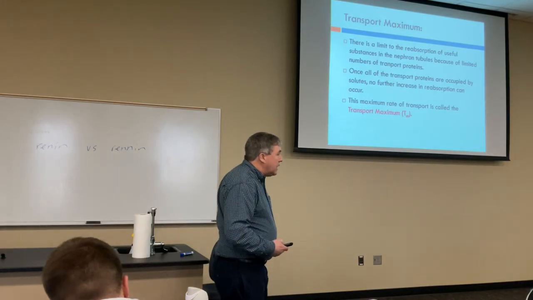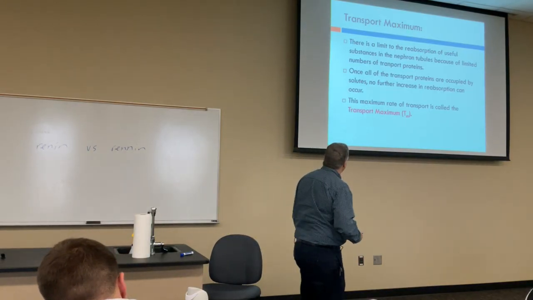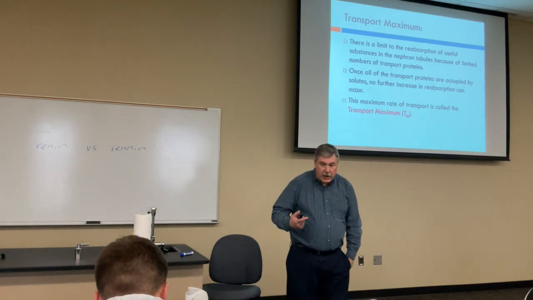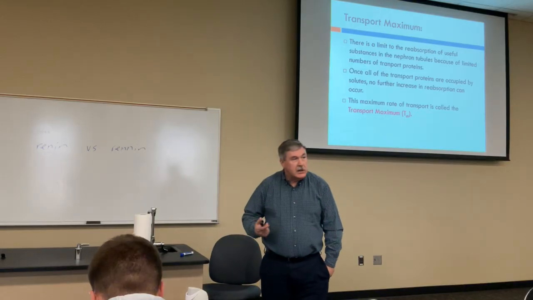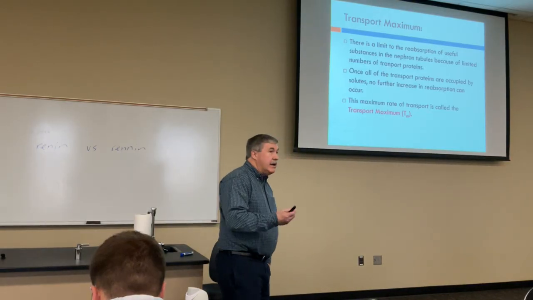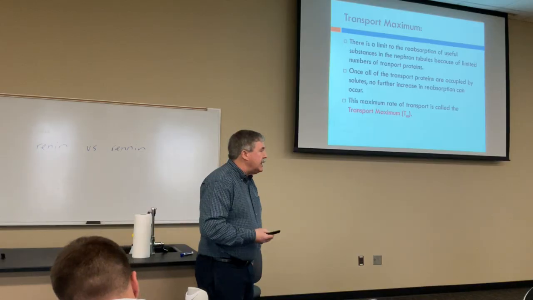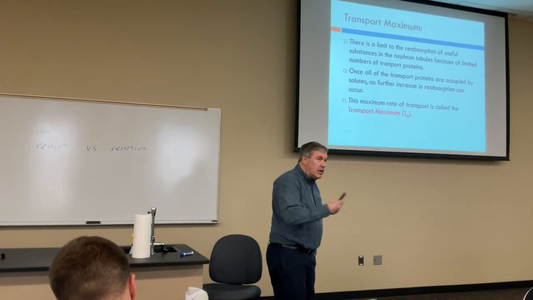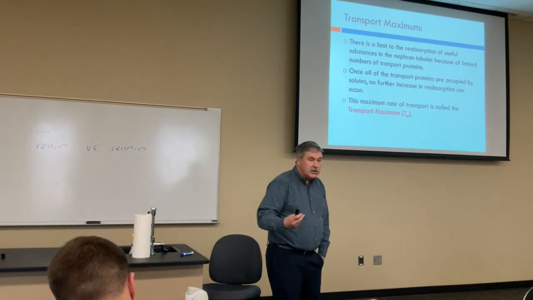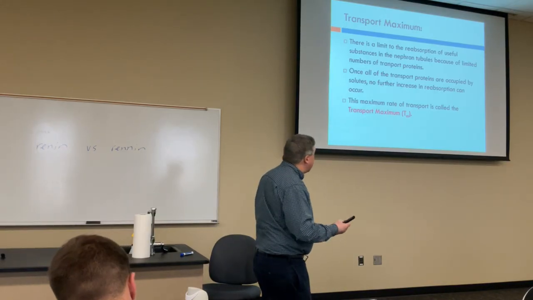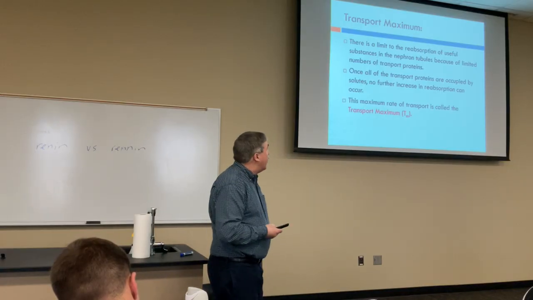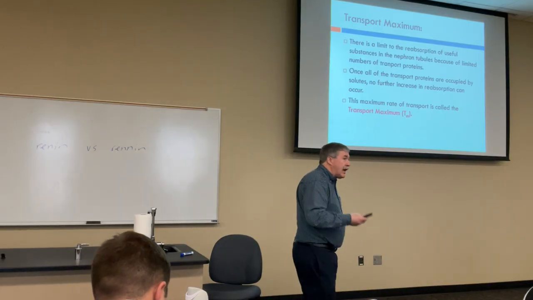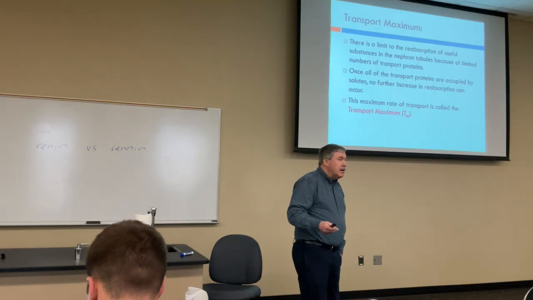Now, some substances like glucose are reabsorbed by symport proteins that are in a limited number. There's a finite number of glucose transporters that use the sodium gradient to reabsorb glucose and things like amino acids. Because there's a limited number of these symport proteins, there's a maximum rate at which nutrients like glucose can be reabsorbed.